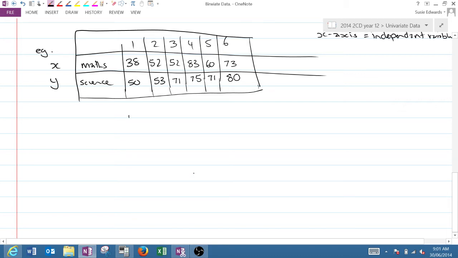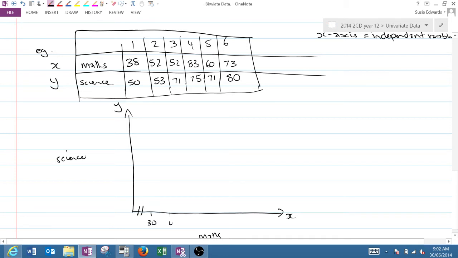Okay, has everyone got that data down? Okay, so if we look at this graph, I'm sorry you don't have any graph paper. We want to go, okay, X, Y, maths, science. Now, the scores do go from 0 to 100, but where do I really need to start with the maths? 38 at least, okay? So I'm going to break the scale. I'm going to start at 30, 40, 50, 60, 90.